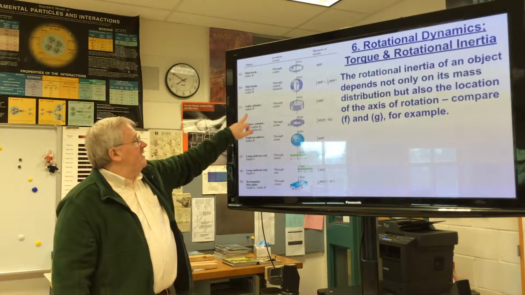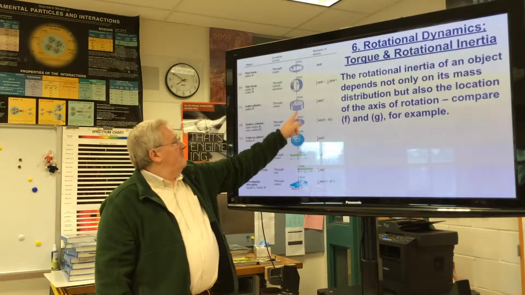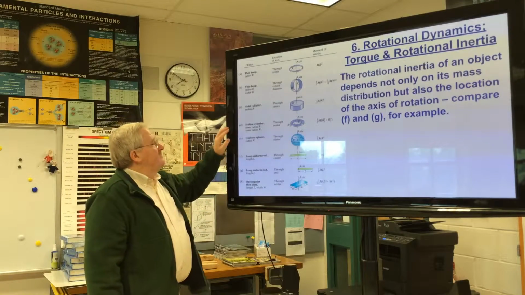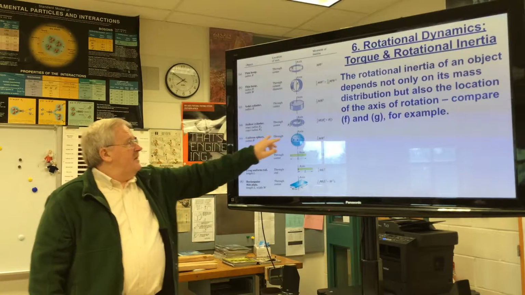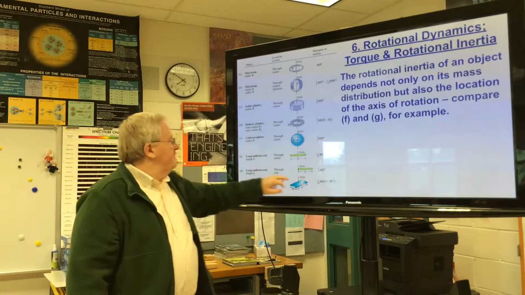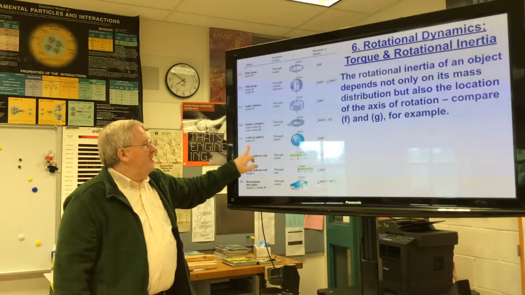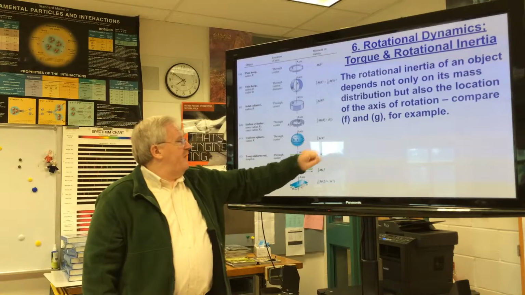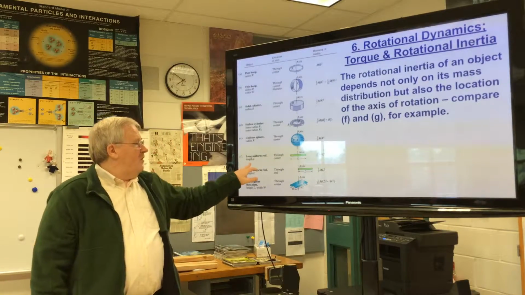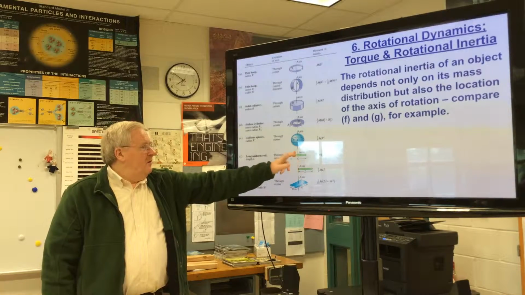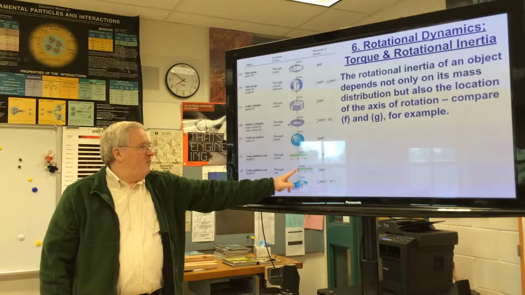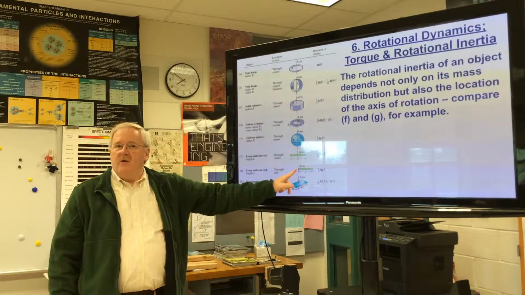A solid cylinder going through this, 1/2 mr squared. A hollow cylinder. Now we have to take into account the fact that it's an annulus. A uniform sphere, 2/5 mr squared. A long uniform rod, axis of rotation around the center, or a long uniform rod, axis of rotation around one end.